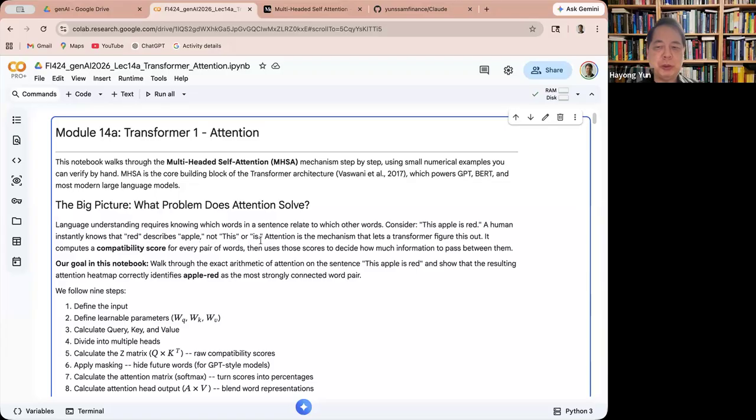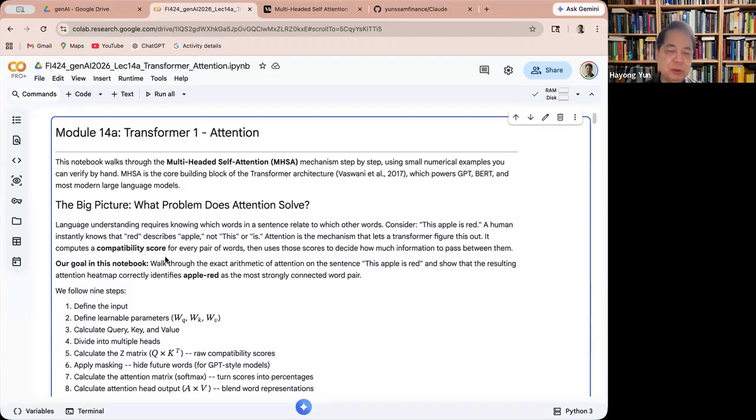When the word apple is here already, the transformer is trying to predict the next word. Which word do you expect? Eventually, a very high likelihood is red, isn't it? So this is an algorithm that does that.